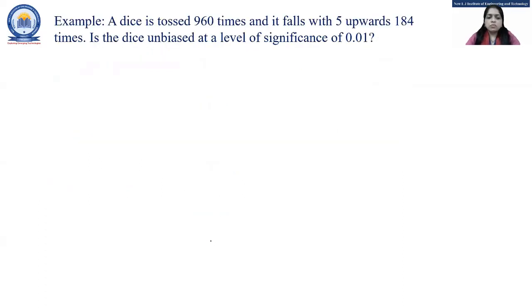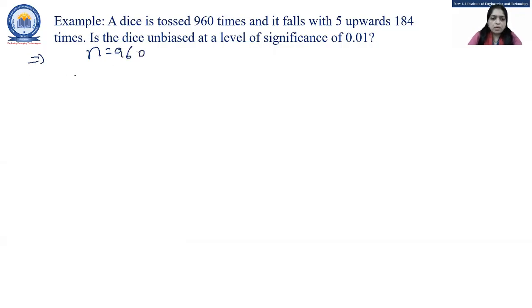Let's move to one more example. A dice is tossed 960 times and it falls with 5 upwards 184 times. Is the dice unbiased at a level of significance of 0.01? So here n is equal to 960.